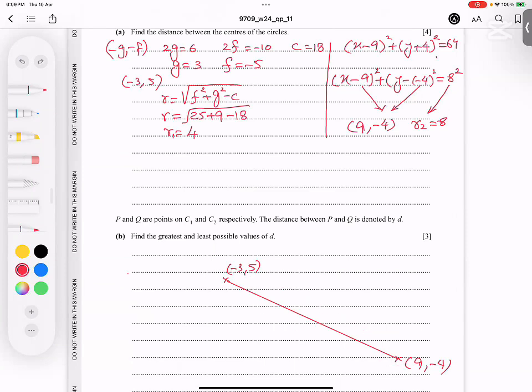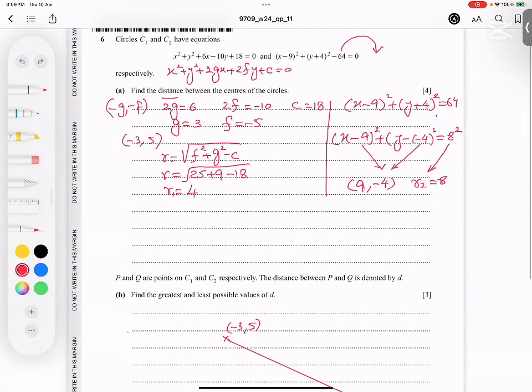Very important. Logically, this is radius 4. First of all, I'll find the distance between them, the distance between the centers of the circles. How to find distance? The distance formula, you know it very well. Let's start from here: x2 minus x1 whole square and y2 minus y1 whole square.